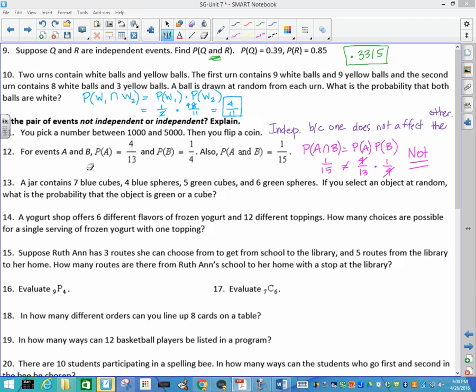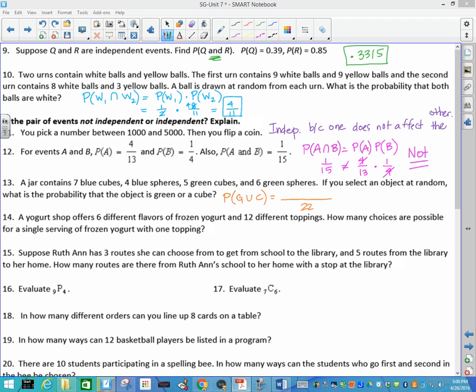A jar contains 7 blue cubes, 4 blue spheres, 5 green cubes, 6 green spheres. If you select an object at random, what is the probability that your object is green or a cube? Probability green or cube. Okay, "or" tells me I'm going to add a bunch of things together. How many total objects do I have? 7 plus 4 is 11, 5 plus 6 is 11, 11 and 11 is 22.